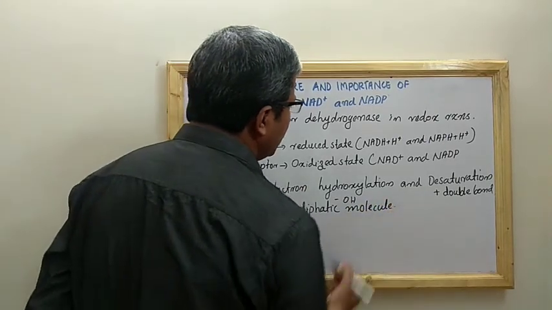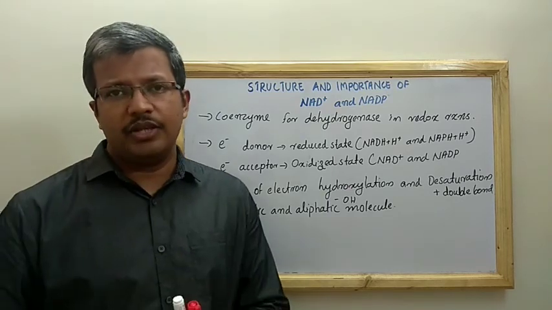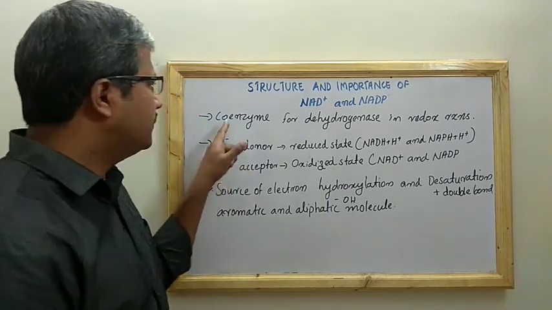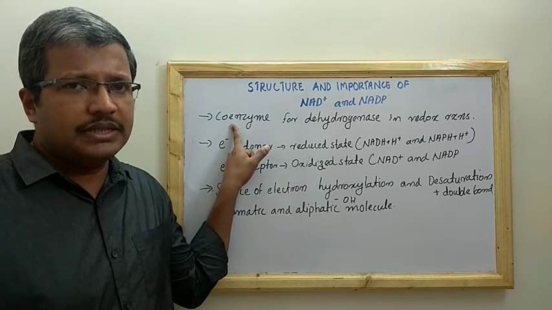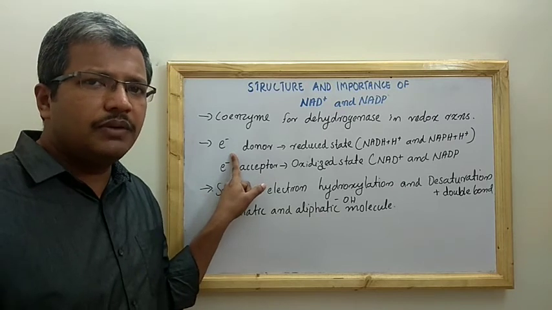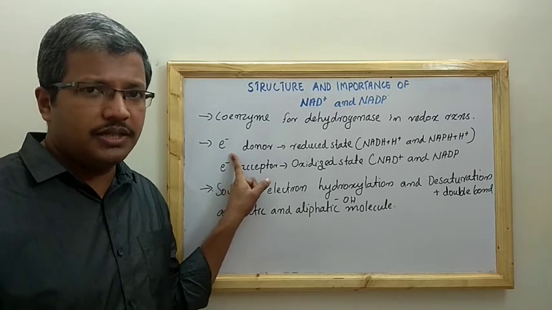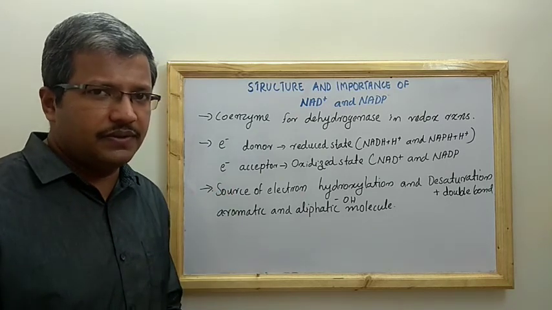These are the three importances of NAD plus and NADP. First of all, it acts as a coenzyme for the dehydrogenase enzyme, which catalyzes the redox reaction. Second, it acts as the electron donor when it is in the reduced state, and as the electron acceptor when it is in the oxidized state.